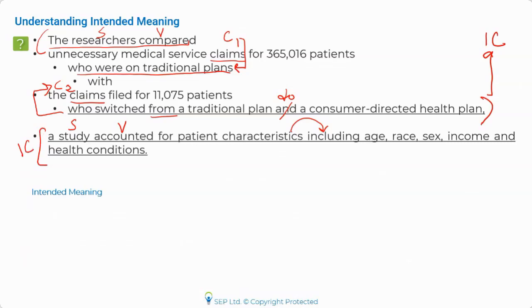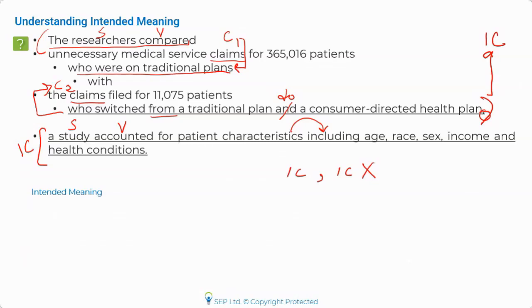Can I join two independent clauses with a comma, guys? Can I have independent clause, comma, independent clause? No. Right? So a study accounted for has to be some sort of a flexible modifier or something else.